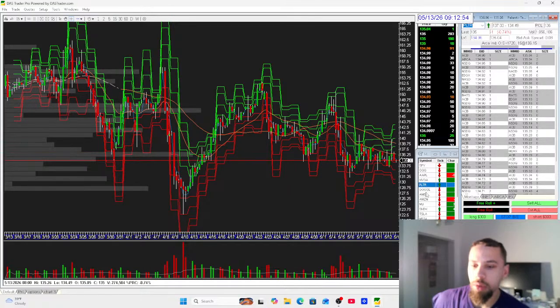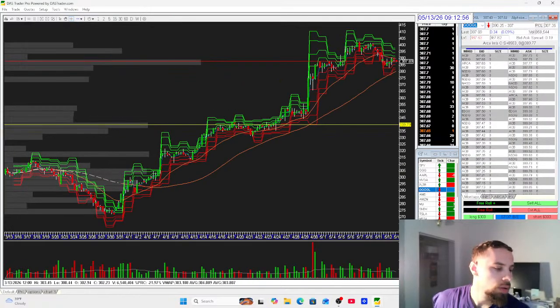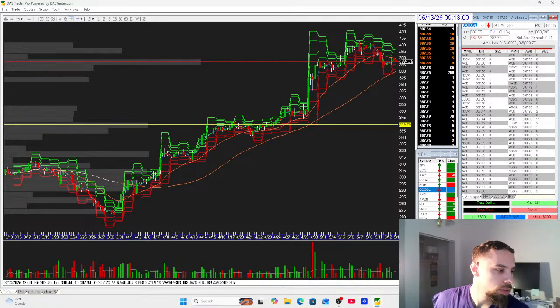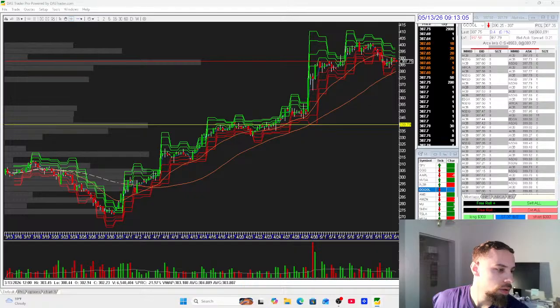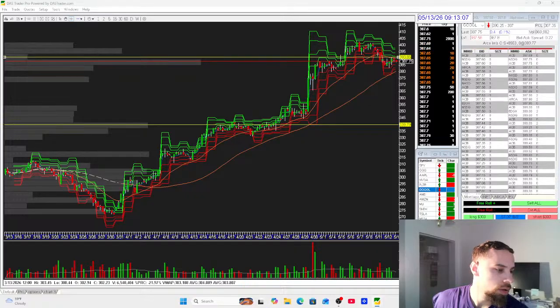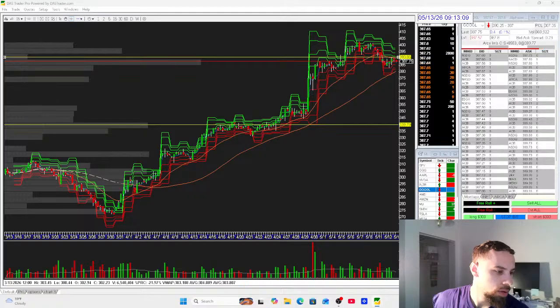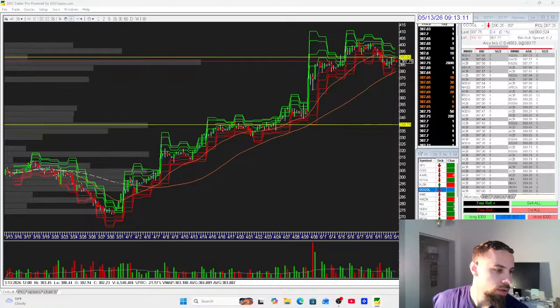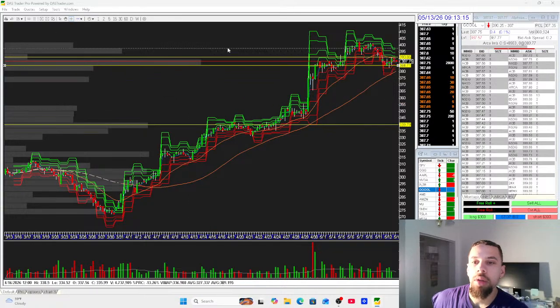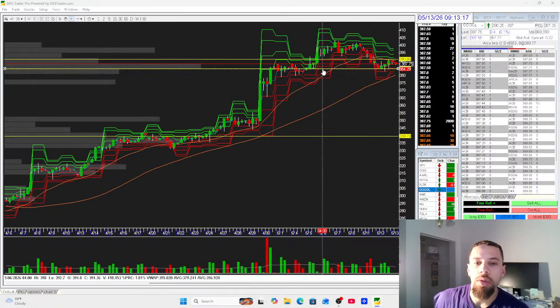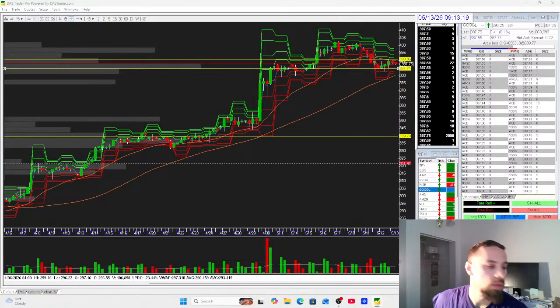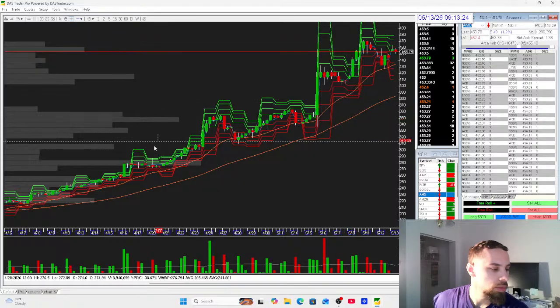PLTR sideways. Google, bit of a head and shoulders pattern. Let's see if Google can hold or if it's gonna sell off.